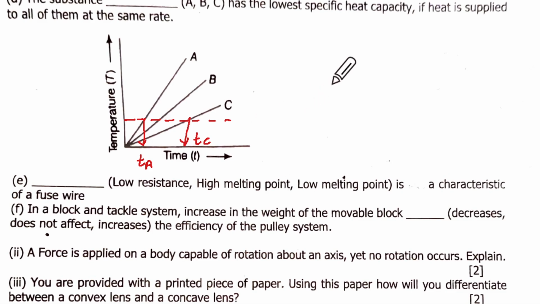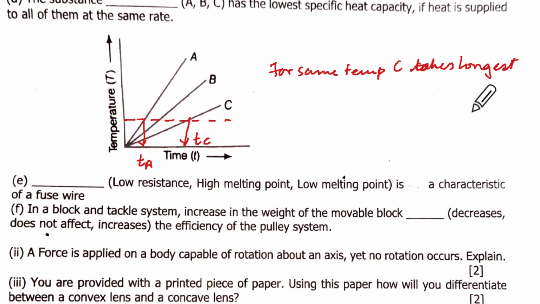So for the same temperature, C is taking longest. That means its SHC should be less. For the same temperature, C takes longest.